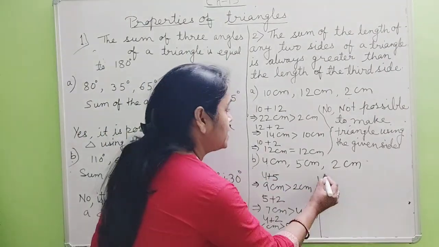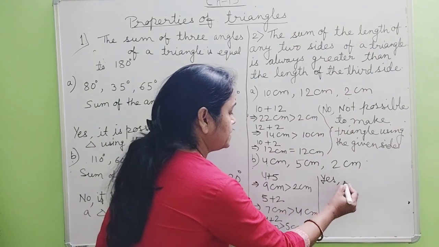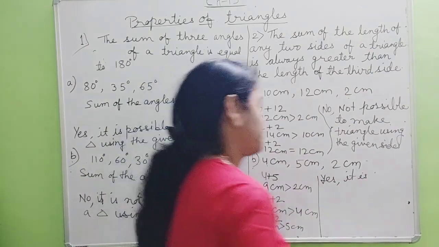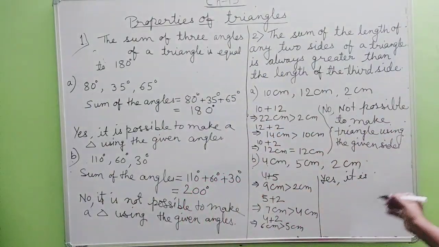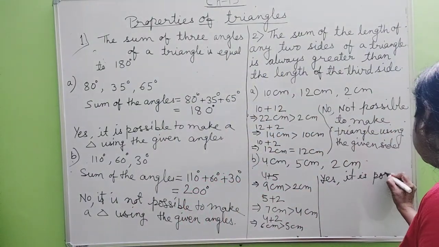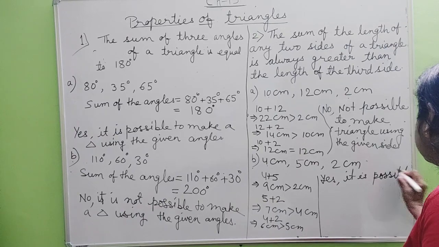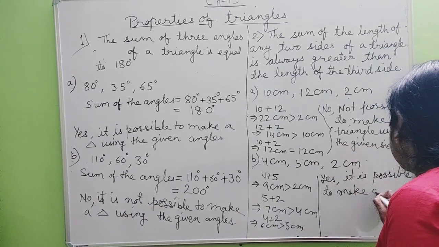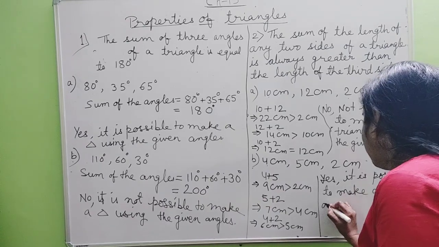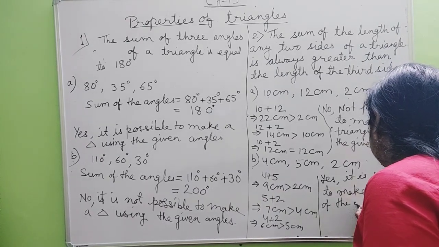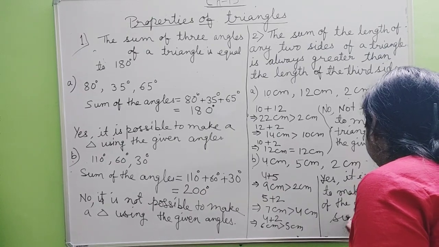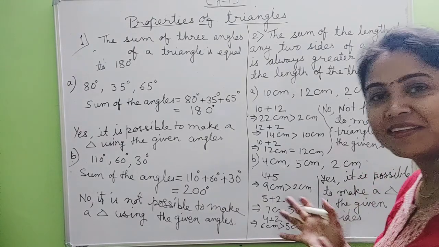So I will write yes, it is possible to make a triangle of the given sides. So both the cases I have shown you.